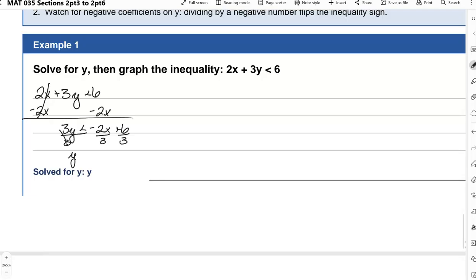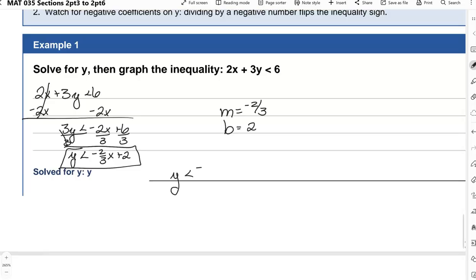Remember, math is always fair. Since I divided by a positive, I'm going to keep my inequality. So I'll get the equation y is less than -2/3 x plus 2. My slope is -2/3, and my y-intercept is 2.